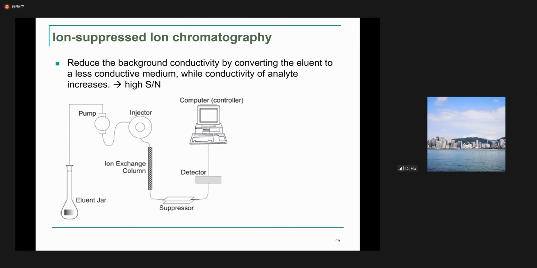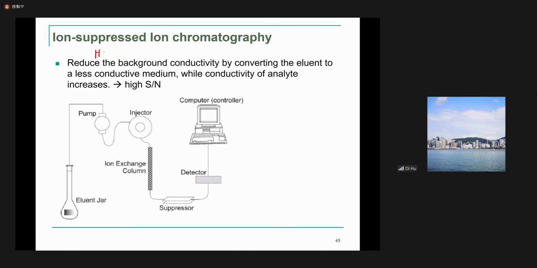Okay. So for the detector of ion chromatography, because ions are conductive, the most popular detector is the conductivity detector. However, I'm just using ion chromatography as an example.